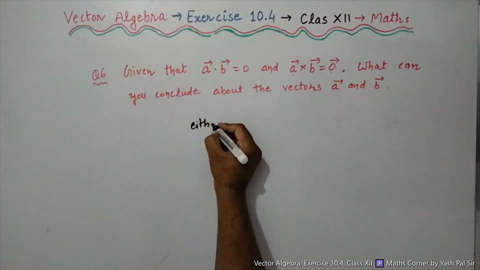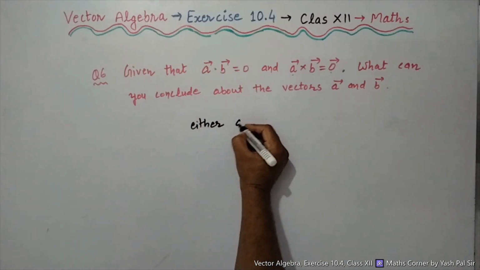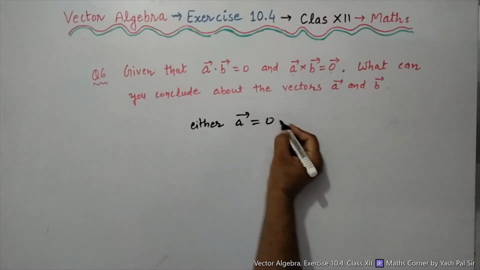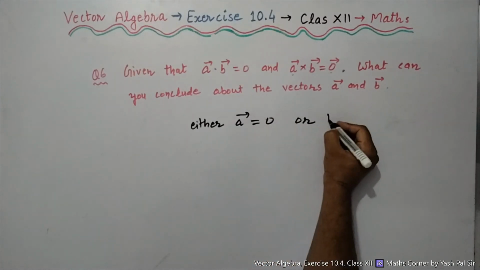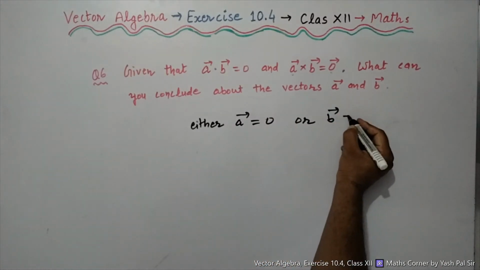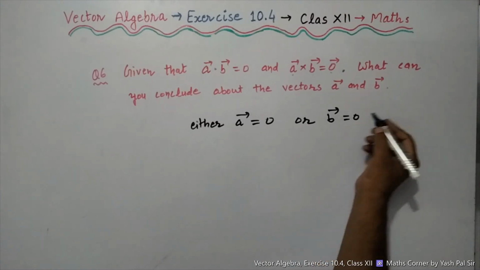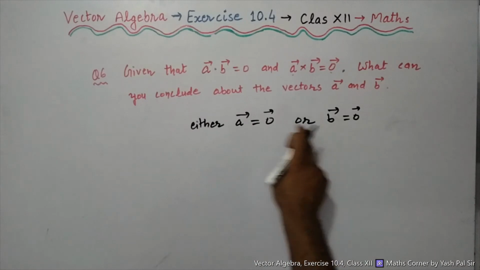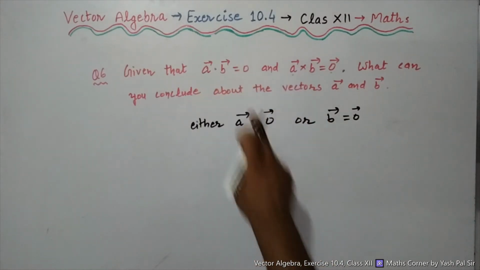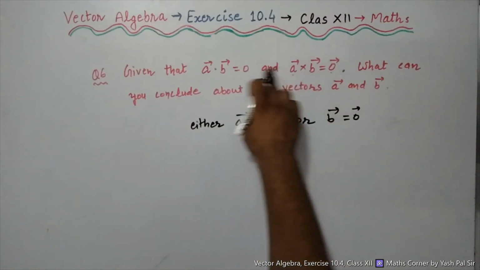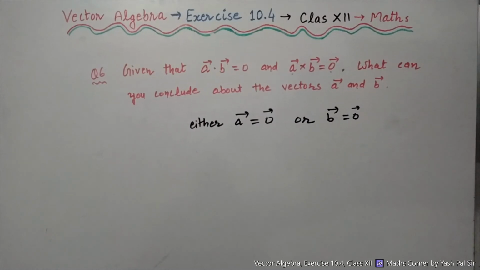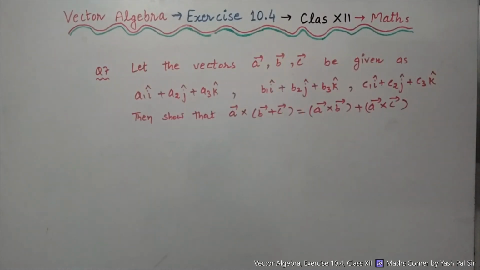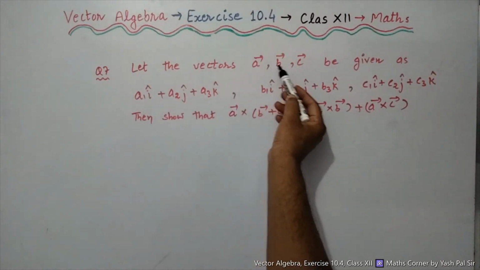So here the dot product is 0, so either vector A itself is 0 or vector B itself is equal to 0, the 0 vector. So this is what we can conclude for these two, if these two together are true.